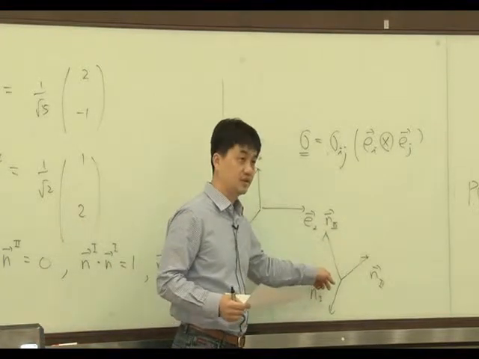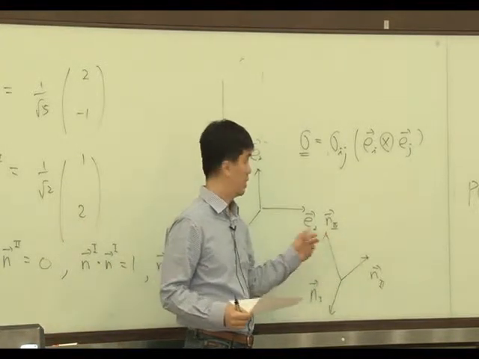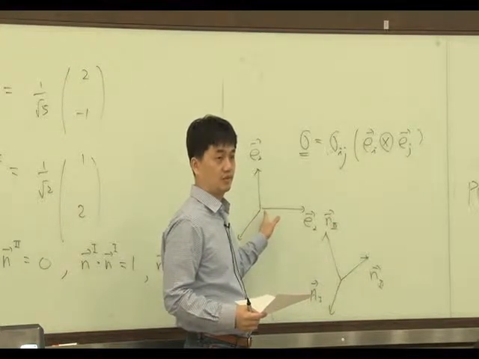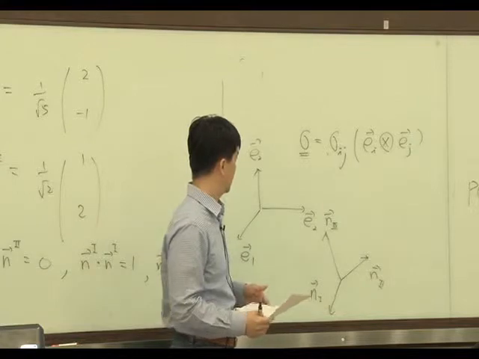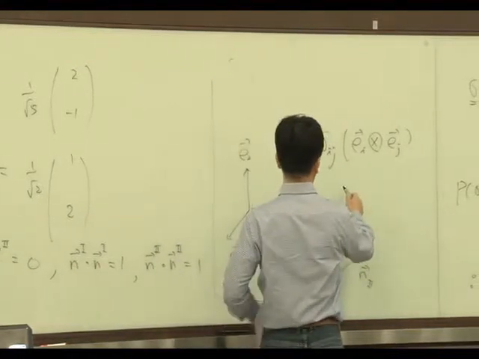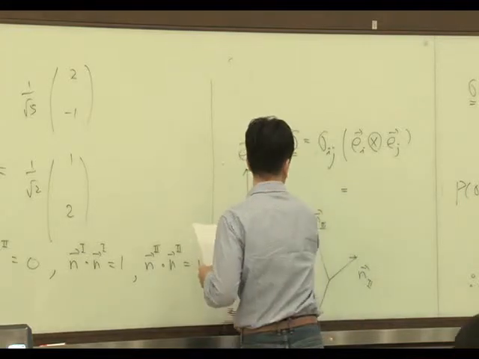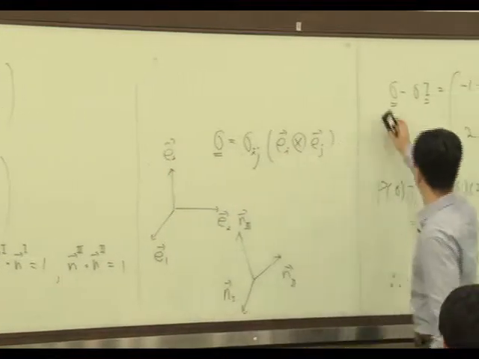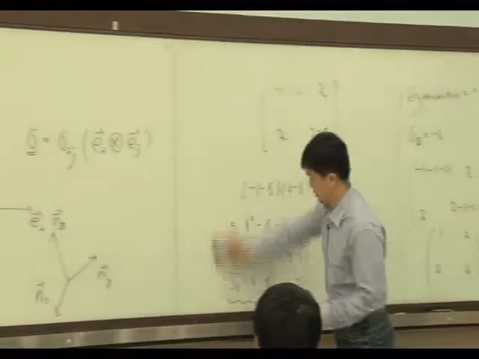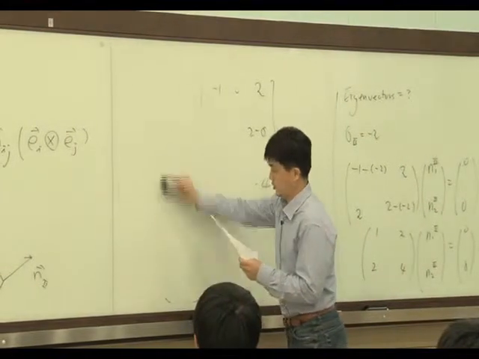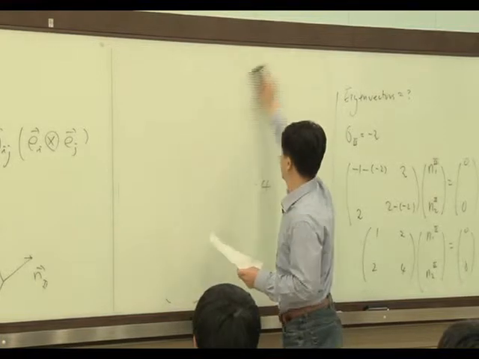Something like this. This is also a Cartesian coordinate system, but different from the one we defined previously. So we can write down the stress in this new coordinate system. So we are saying that the coordinate system is this.